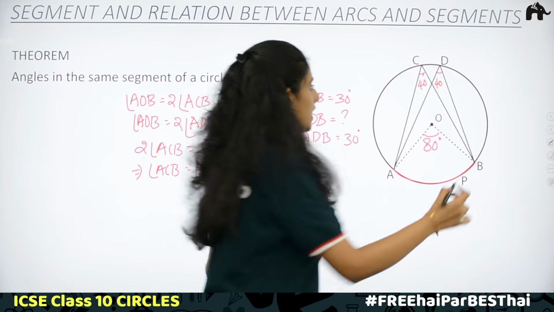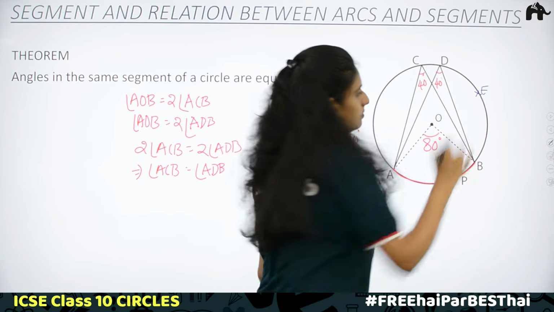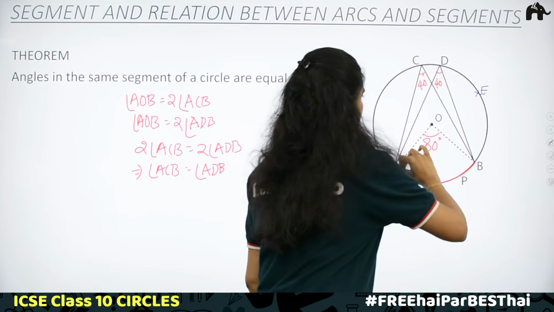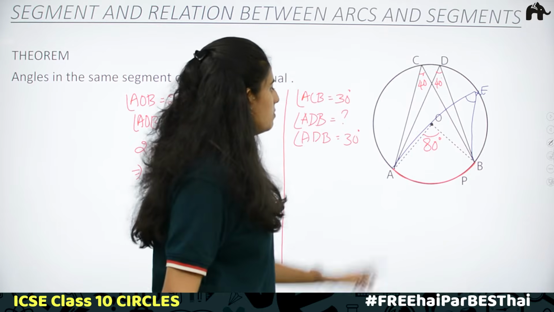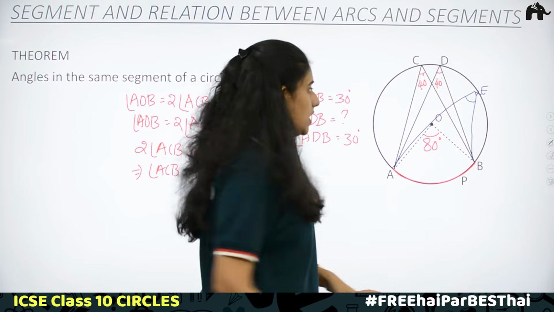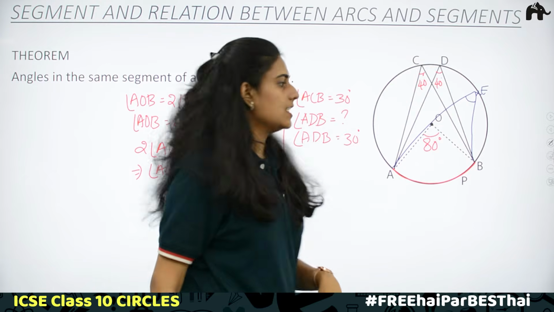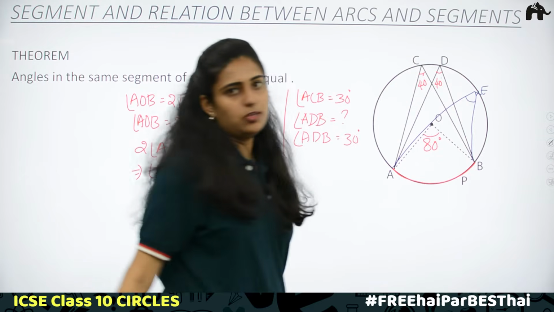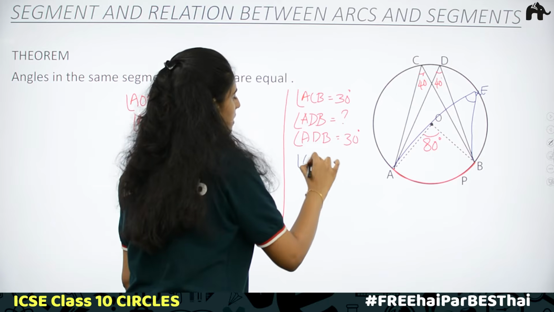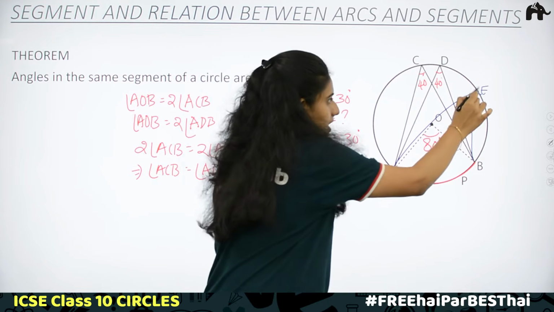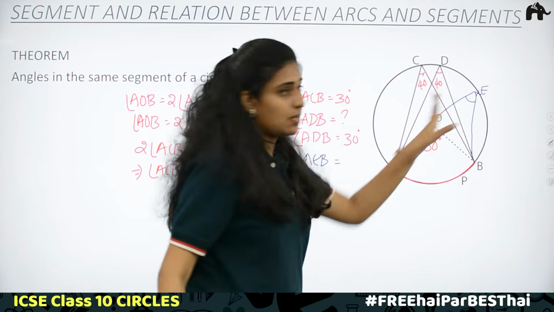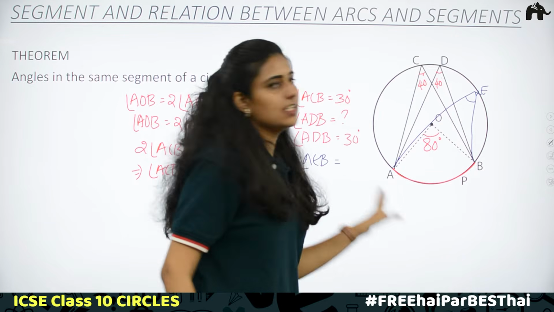Now, I am taking another point. This is my point E. Here, an angle is made by arc AB at point E. What is the measure of AEB is my question. AEB is an angle that is subtended at a point E on the circumference of the circle.